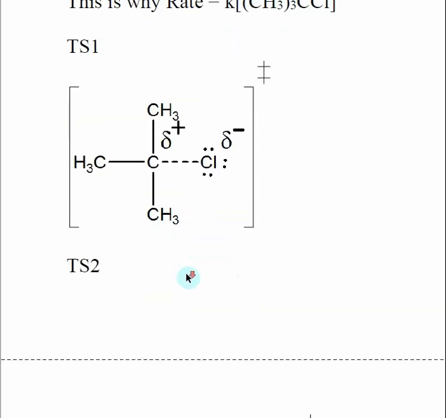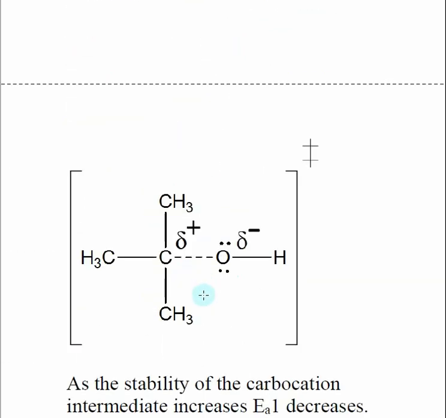In the second step, it's kind of the exact opposite. So remember, in the second step, we have a carbocation and my nucleophile is coming in, and my nucleophile forms a bond with my electrophilic carbon. So this oxygen-carbon bond is shown as partial because it's in the process of being formed. When I started, I had a full positive charge on my carbon, the carbocation, and I had a full negative charge on my nucleophile.